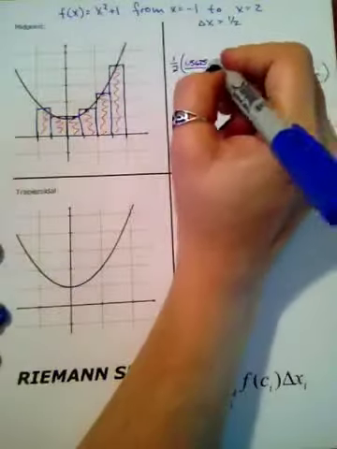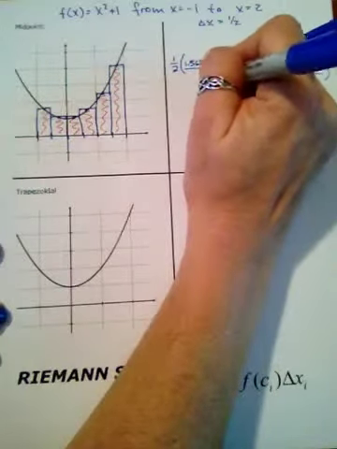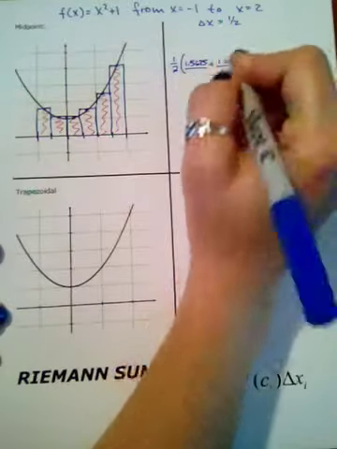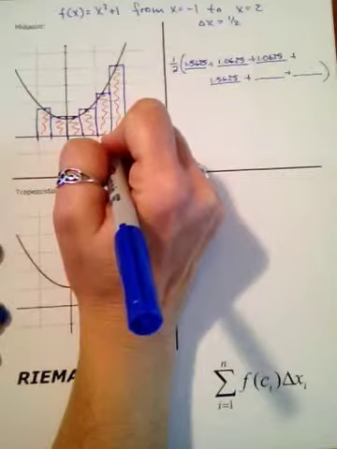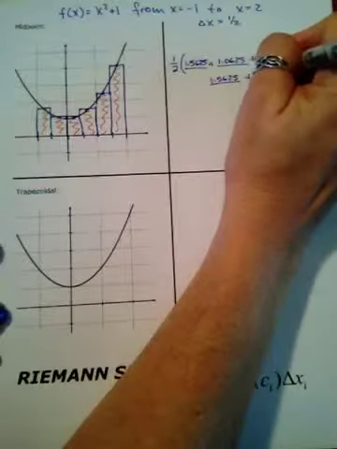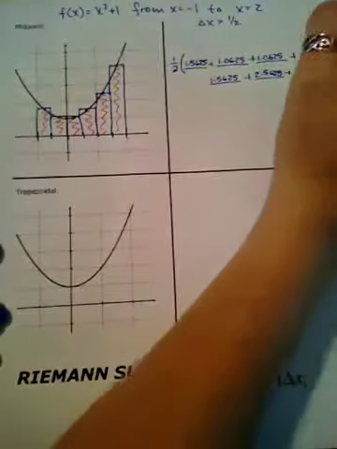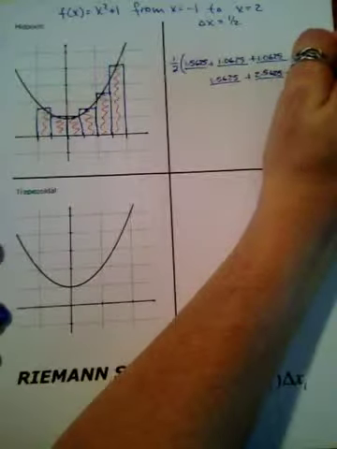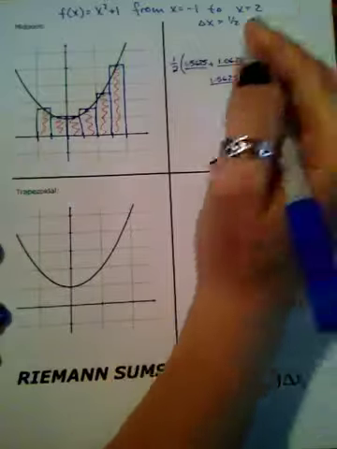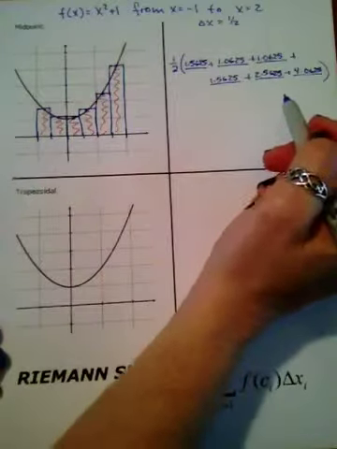The next one is 0.75, so 1.5625. And then I'll evaluate it at 1.25, so 2.5625. And then finally at 1.75, so I get 4.0625. And when I add up all of these, divide by 2, I have the midpoint Riemann sum.